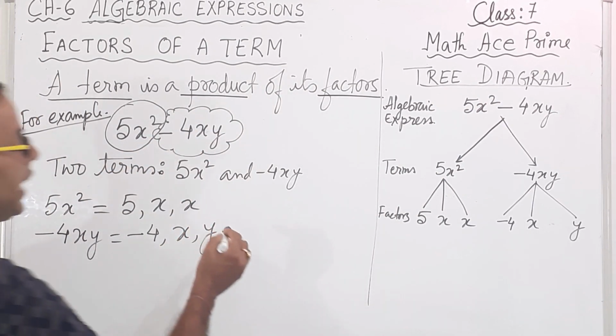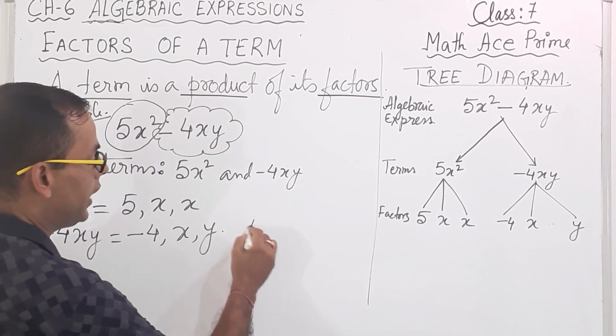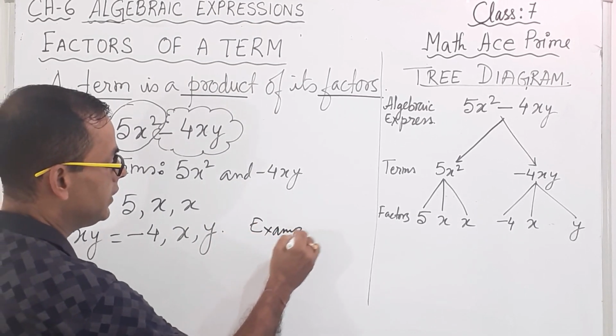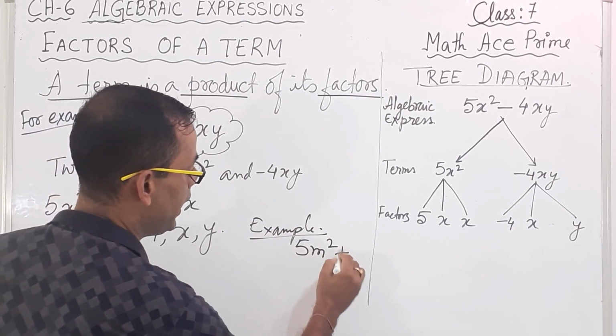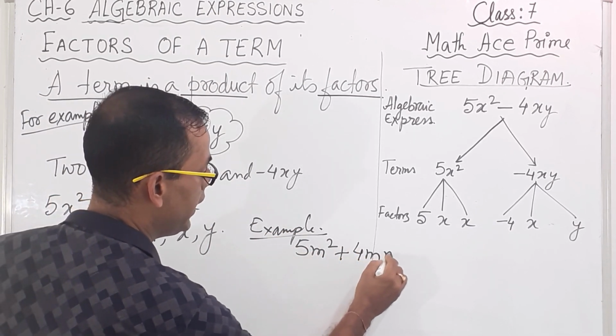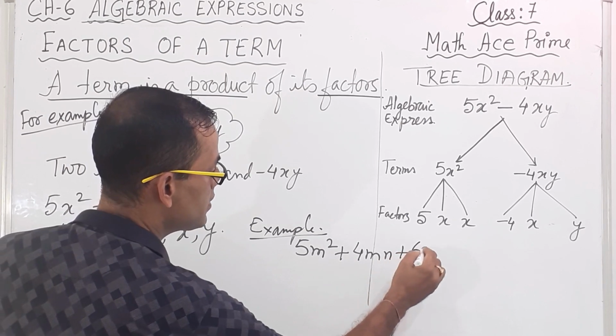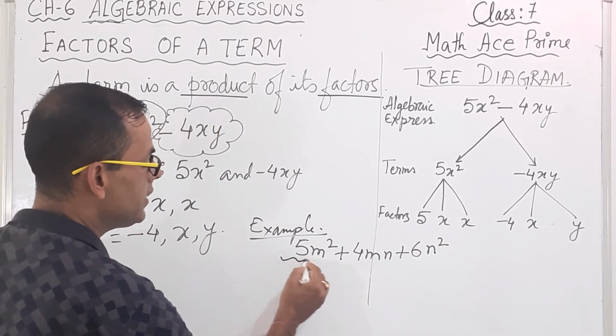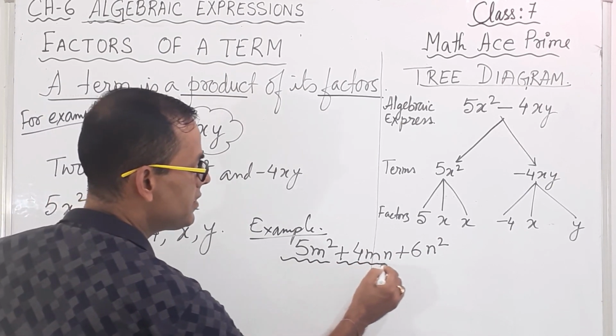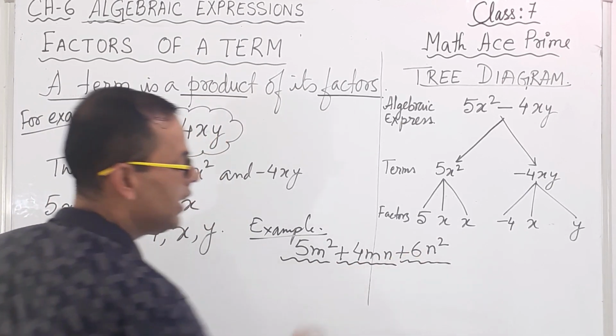Suppose I take another example, 5m square plus 4mn plus 6n square. Now here how many terms are there? This is one term, this is another term, and this is another term.